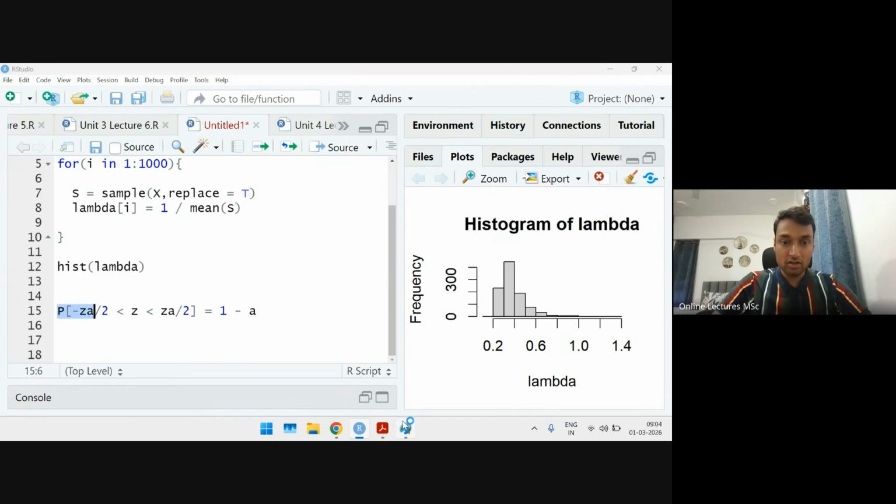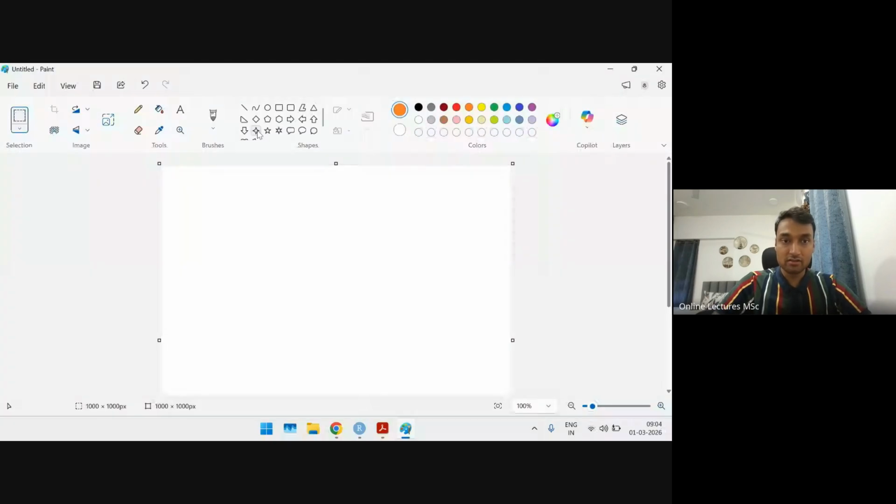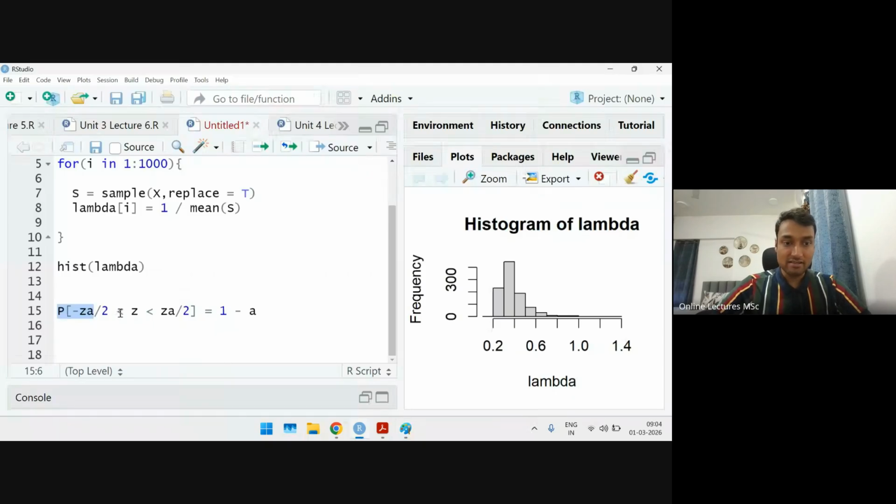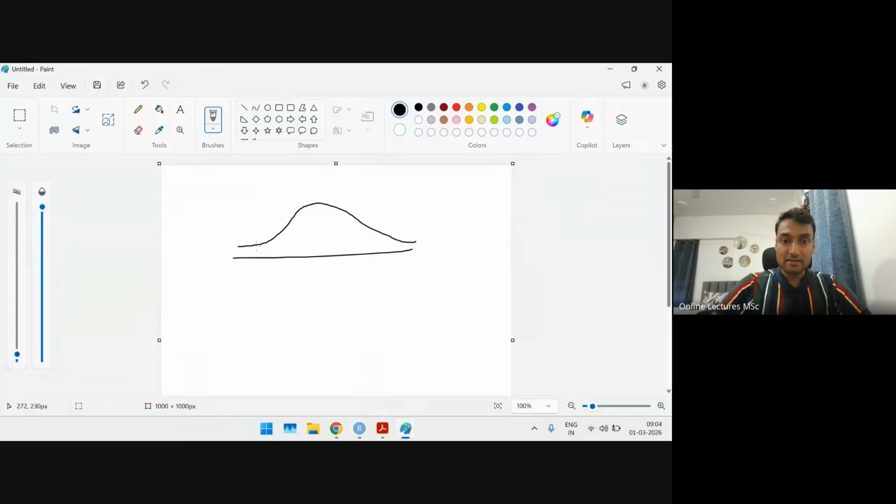If I were to draw it out on my paint, it looks something like this, correct? You have a normal distribution, and this quantity is saying that my z value, my random quantity, lies between these 2 points. Minus z alpha by 2 is here, plus z alpha by 2 is here, because normal is a symmetric distribution.